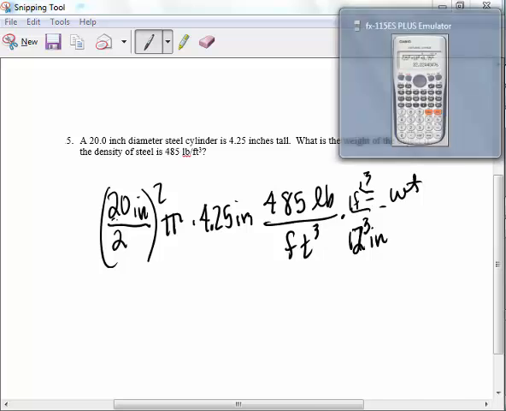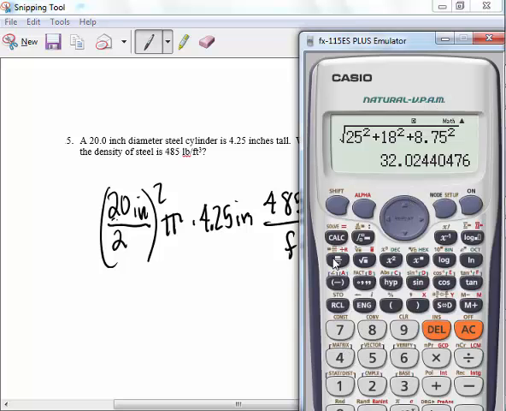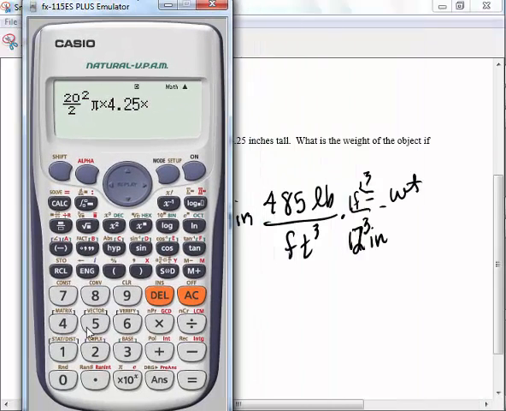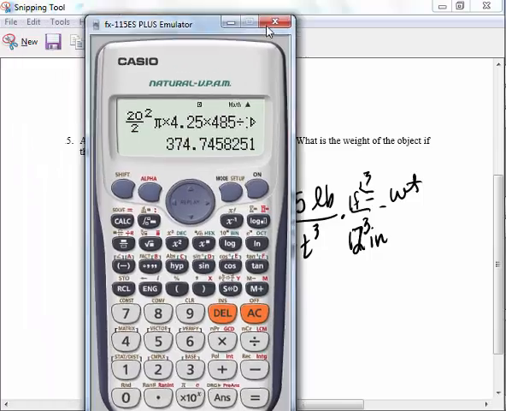All right, I think we've got enough information. So we're going to take the fraction 20 over 2, which we already knew was 10, squared pi, times 4.25 times 485, divided by 12 to the third, and we get 374 pounds.